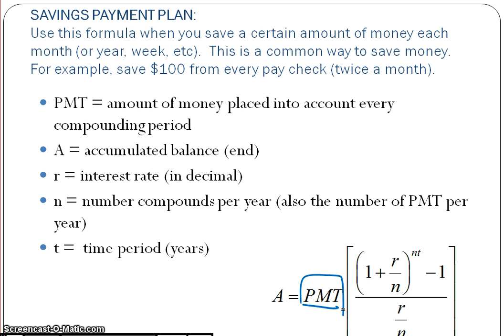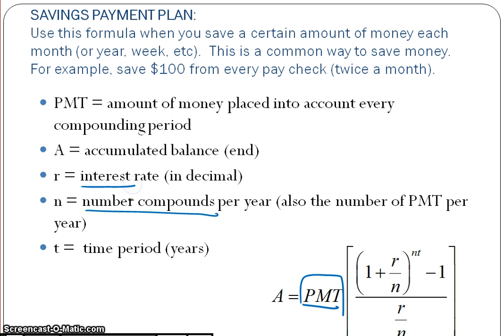And in the problem, it'll tell you how many compounds a year, which is n. For simplicity, if we make 12 payments a year, our compounds are going to be 12 times a year. The number of times we make a payment each year is going to be equivalent to n.